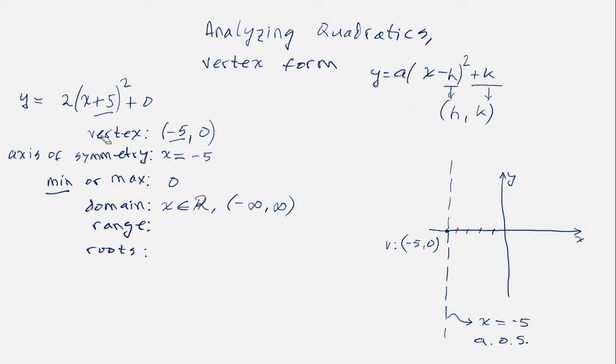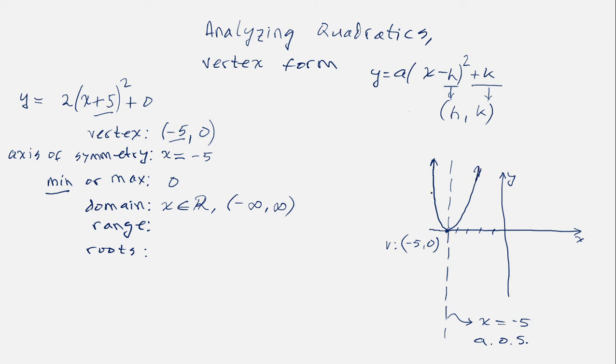It will work, right? Okay. Now, since we know that the parabola has a minimum, we know it's opening up. So our parabola is going to be going this way, right?